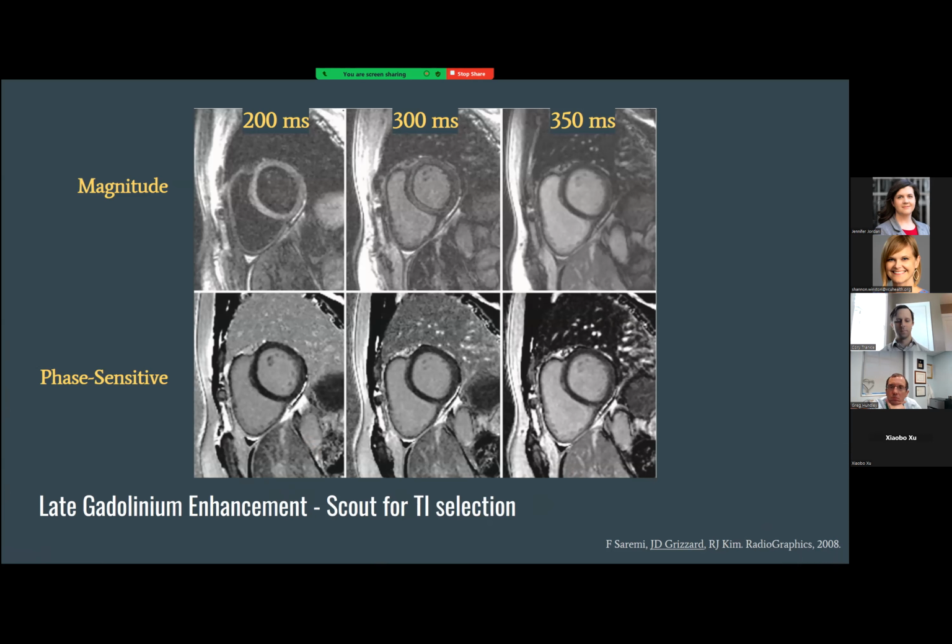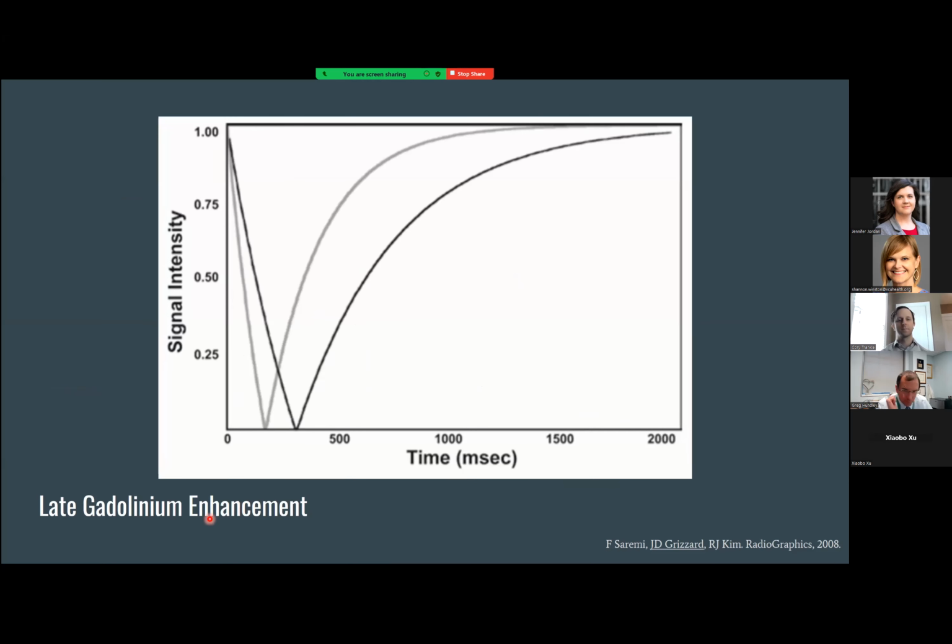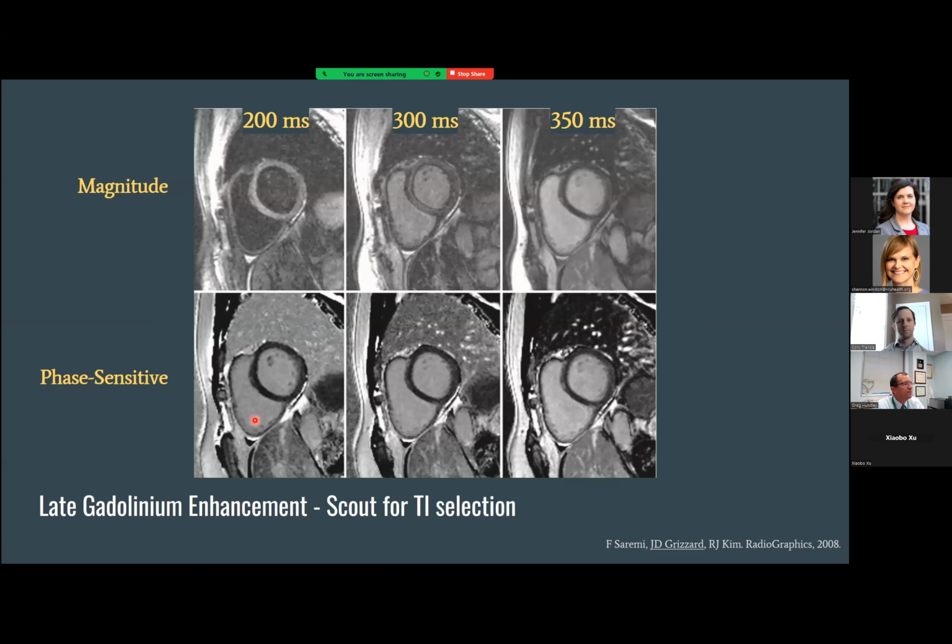If the inversion time is too short, the signal from our normal myocardium may still not have crossed that zero threshold. And so the normal myocardial signal may be very similar between the two tissues, with very little difference in that vertical part of the curve there.